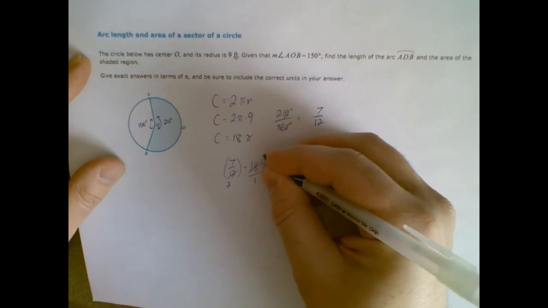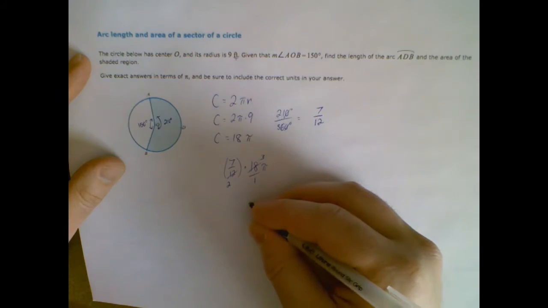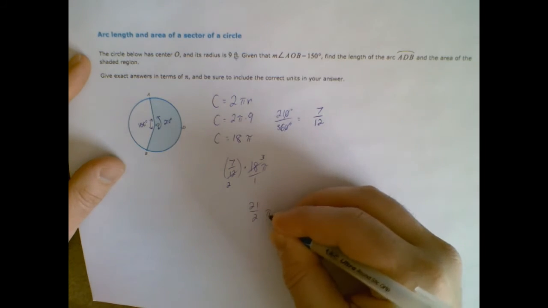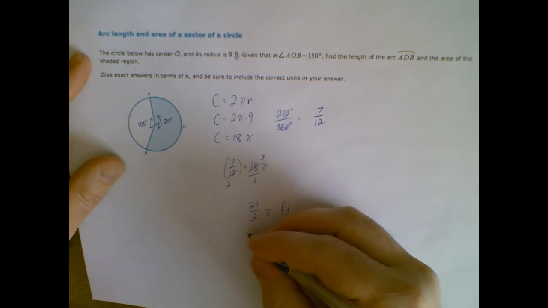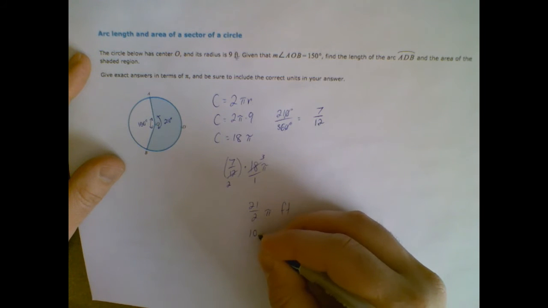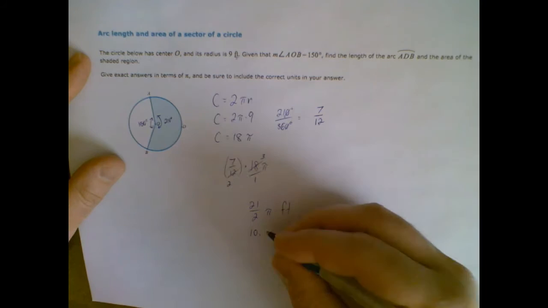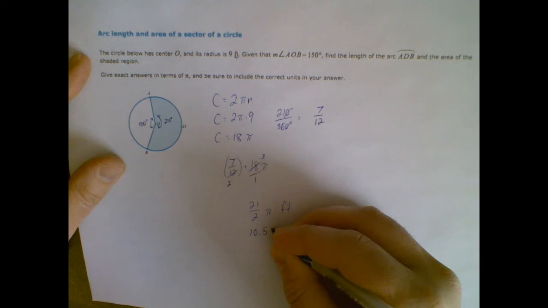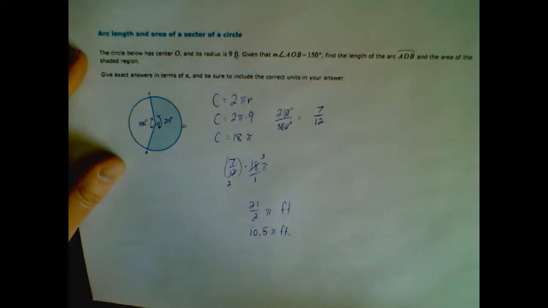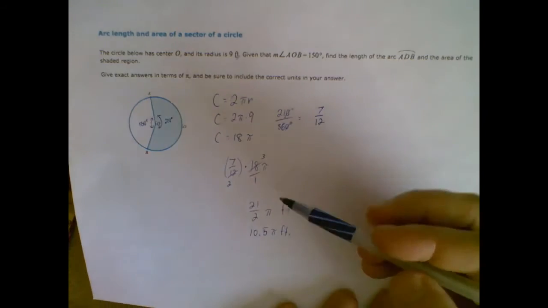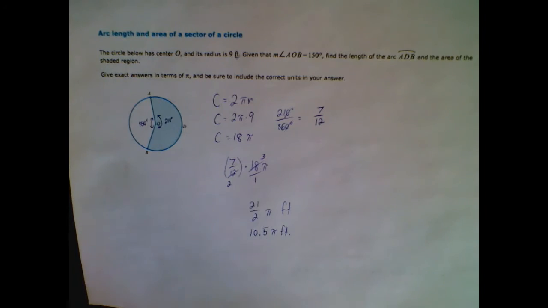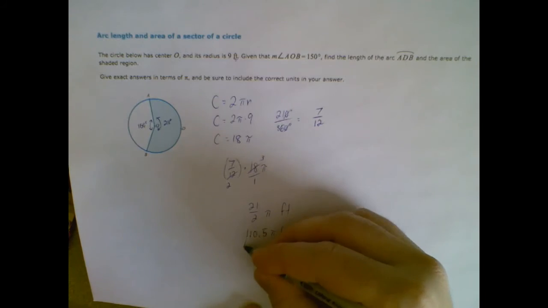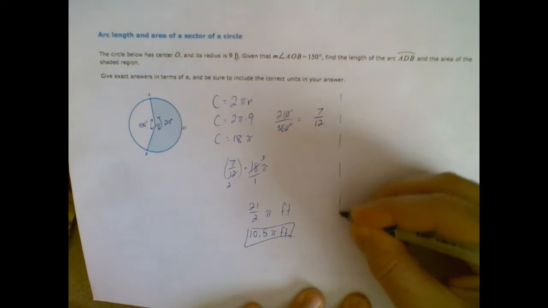So we got 2 and 3, and that leaves me with 21 over 2 pi feet, or if you want the mixed number, 10 and a half, or if you want the decimal, 10.5 pi feet. Just double checking again, I'm looking for a little more than half, which would be 9 pi. I have 10.5 pi, so that does look accurate. So that's the arc length.